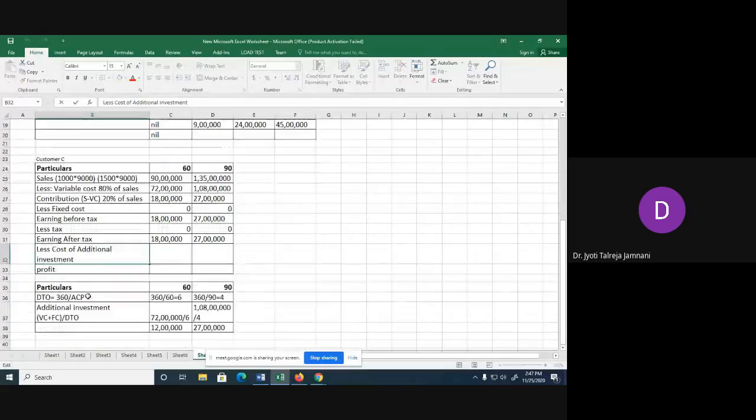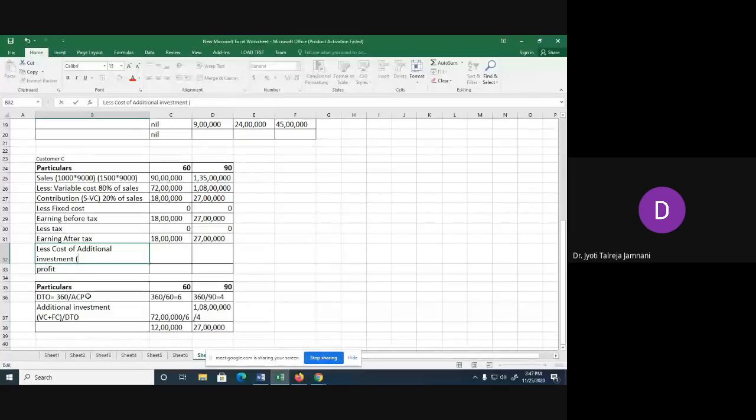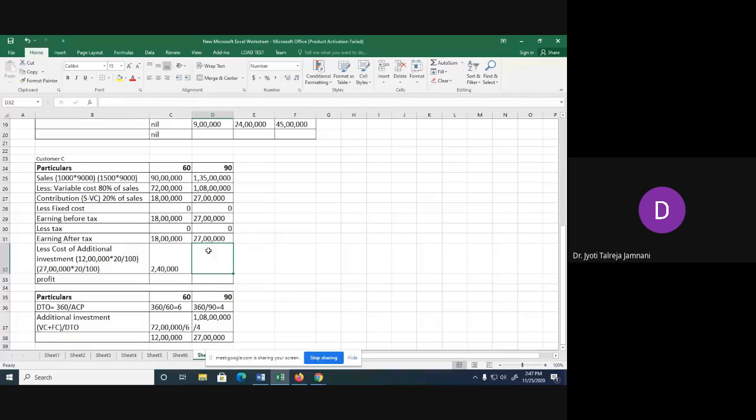So in the first case, 12 lakh into 20% because that's the rate given, 20 divided by 100. So you get 2,40,000. And in the second case, the additional investment is 27 lakhs into 20%. You get 5,40,000.